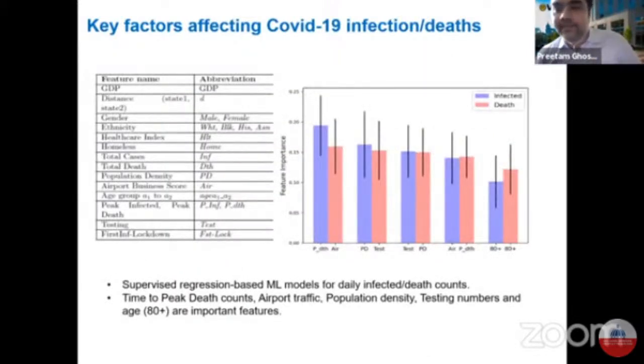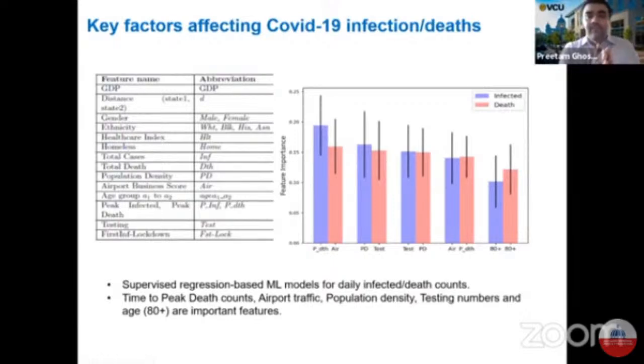So this is a sample result that we got. You'll see here that P death, the peak death number, is the highest death count at a specific time. That and airport traffic come out to be the most important factors affecting the infection and death rates. The blue curve here is the infected numbers. The red curve here is the death numbers, and the number of pre-lockdown death numbers.